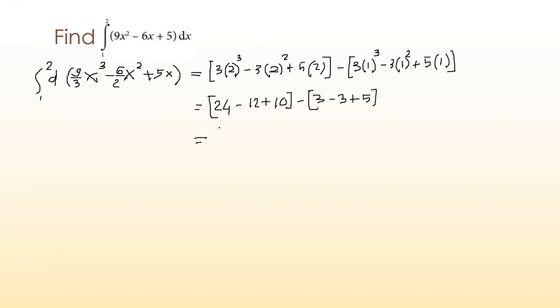And it's going to be 12 plus 10, 22 minus 5 equals 17. So 17 is the result of this integration.